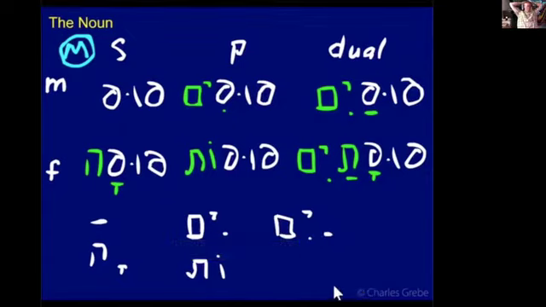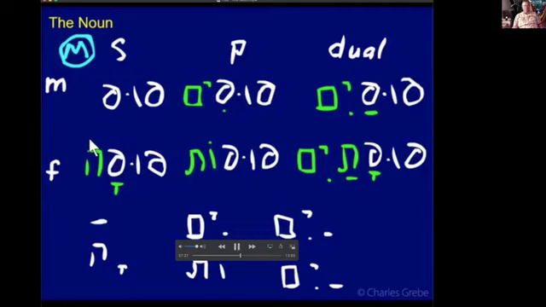If you want to memorize just the endings, I recommend you memorize this thing with the sus. If you want just the endings, this is what they are. The at here is part of this, but there are some feminine nouns that won't have this, and so really what's going on here is the dual is the same, so that's kind of nice. A little less to memorize. So, now let us look more closely.